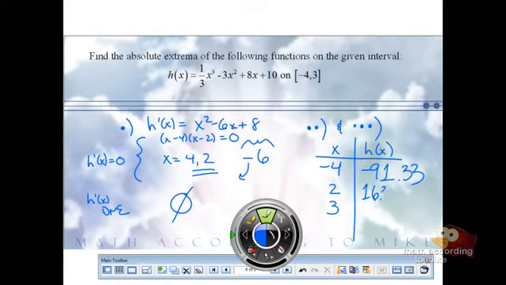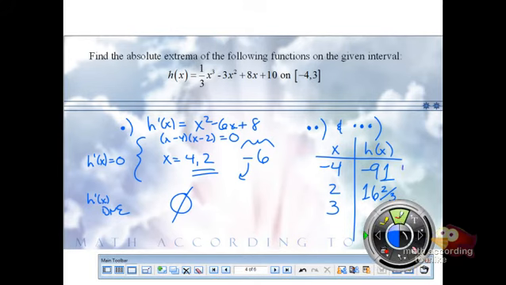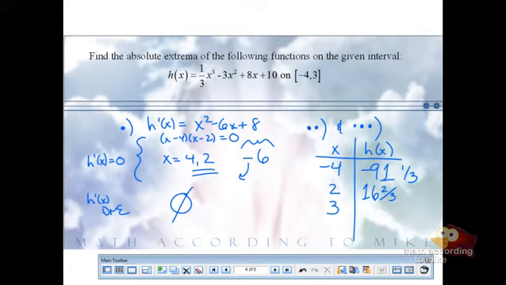So that's really 16 2/3. And this is really negative 91 1/3. Honestly, I would prefer a fraction. They're not that bad for this problem. And 3? 16 even? Awesome. Okay. Absolute max. Absolute min.